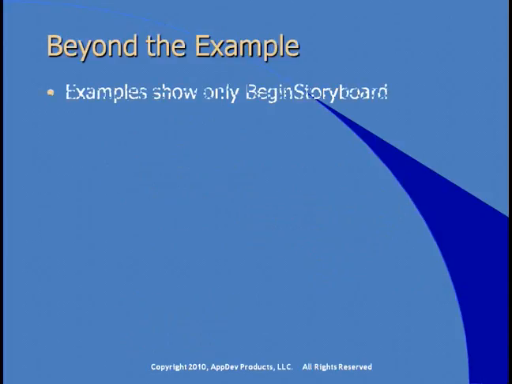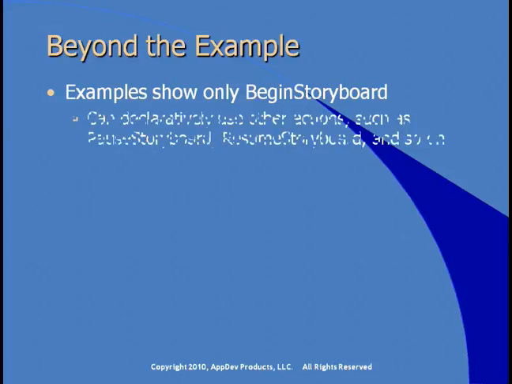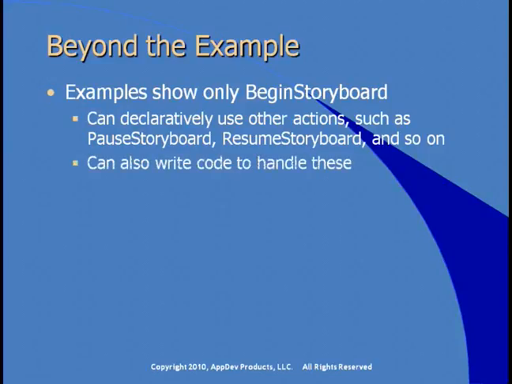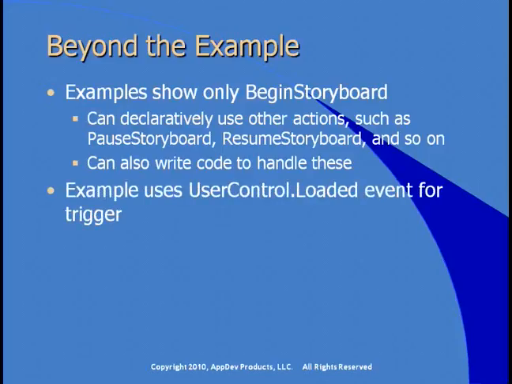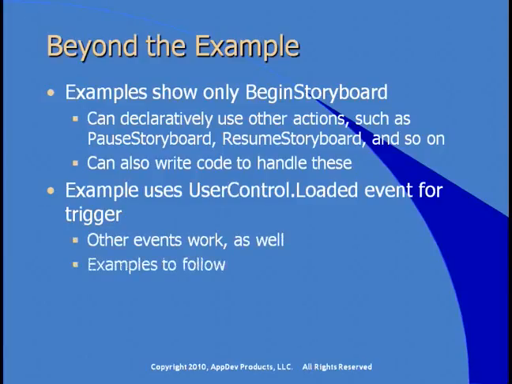Our example showed only the begin storyboard element, but you can declaratively use other actions such as pause storyboard, resume storyboard, and so on from within your trigger. You can also write code to handle these, and we'll show an example of that later on. Our example uses the userControl.loaded event for the trigger, but other events work as well, and we have examples of that coming up later on as well.